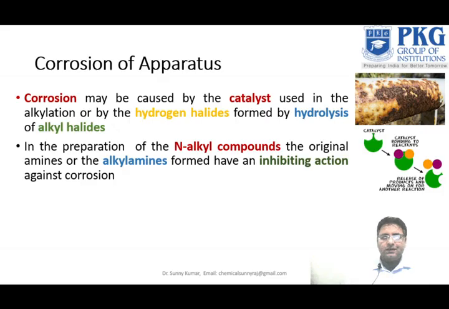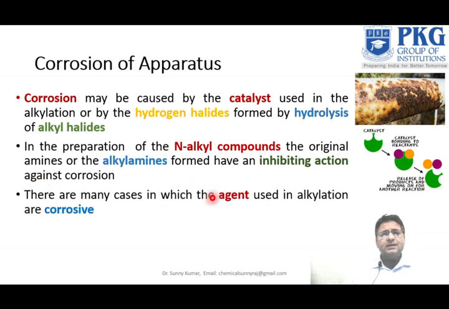Generally you will see what the use of the catalyst is. They generally don't interfere during the reaction, but they increase the rate of the product generation. In the preparation of N-alkyl compounds, the original amines or the alkyl amines formed have an inhibitant action against the corrosions.